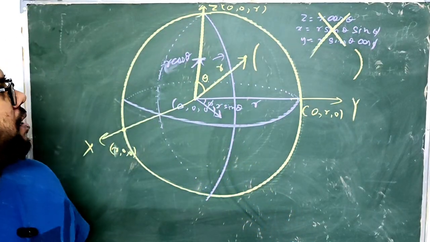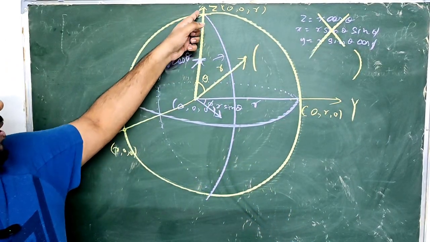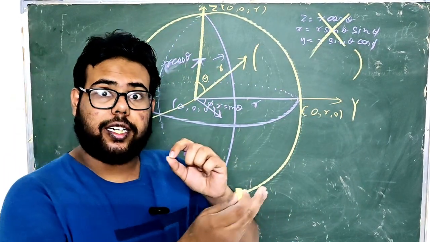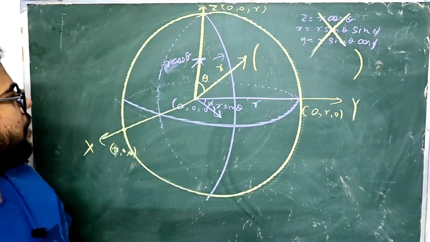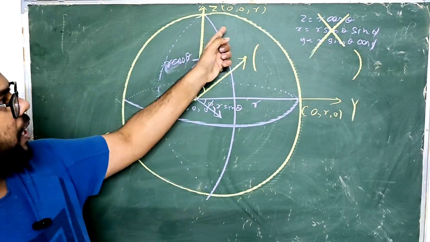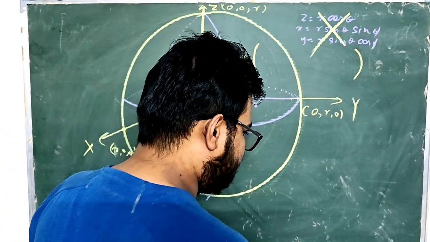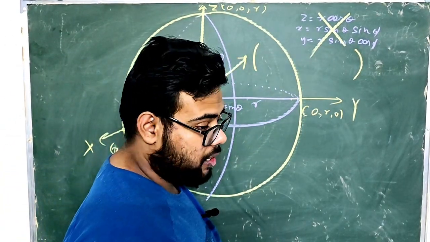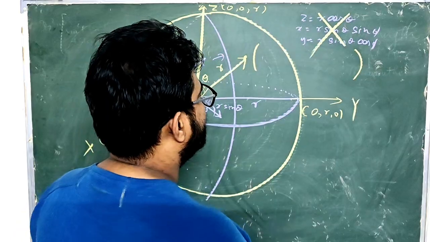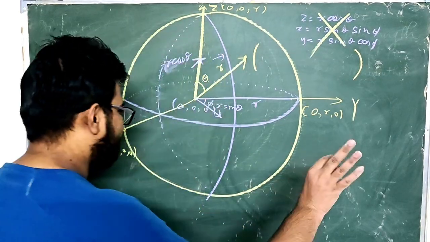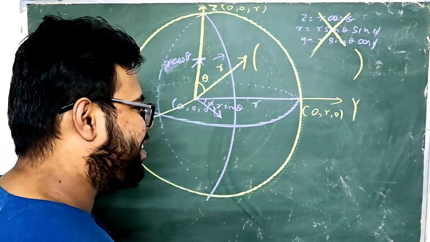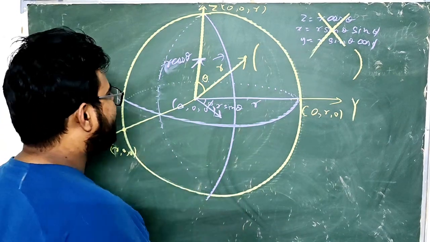But in general, we assume it like this only. The z-axis is like this, and we are rotating about the z-axis here, so that is why we take it like this. Similarly for the cylinder also, we get somewhat like this, but that's the story for another lecture.